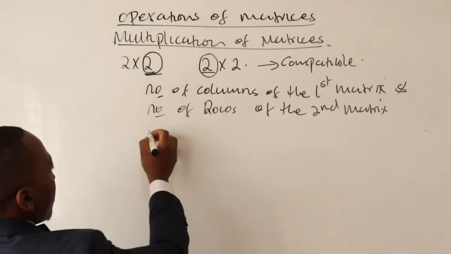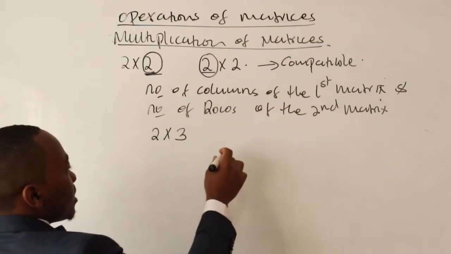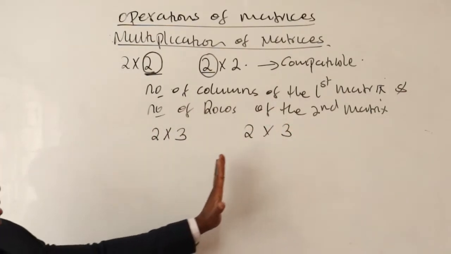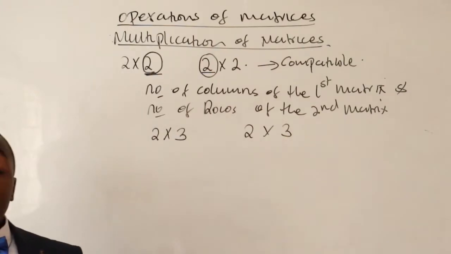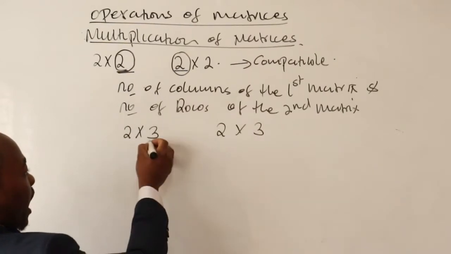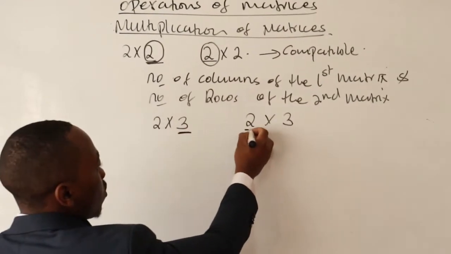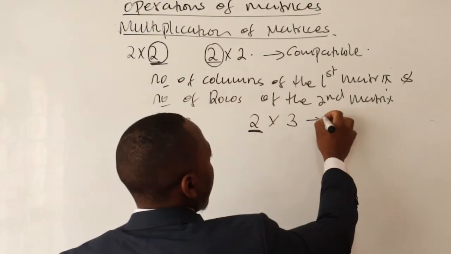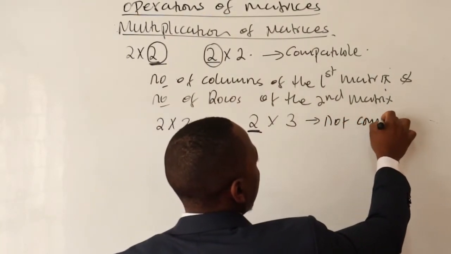Now, assuming you are given a 2 by 3 matrix, you multiply by another 2 by 3 matrix. You ask yourself, is it compatible? You look at 3, and for the other one you look at 2. So here we have 3, we have 2. That means in this case, it's not compatible.